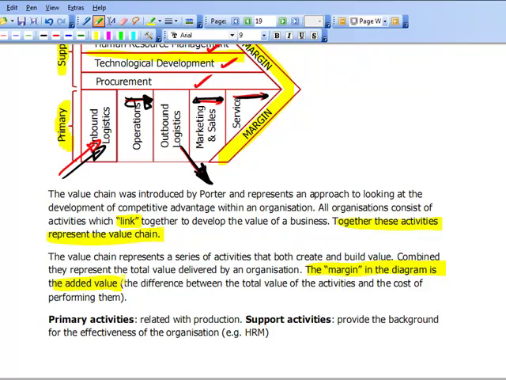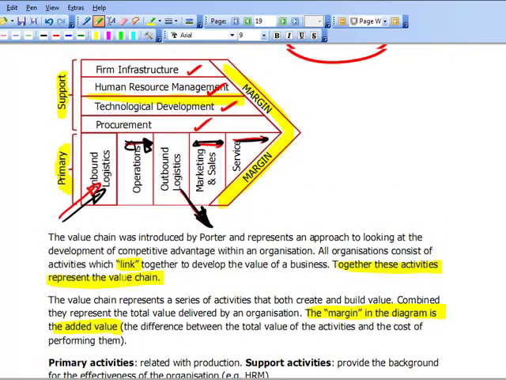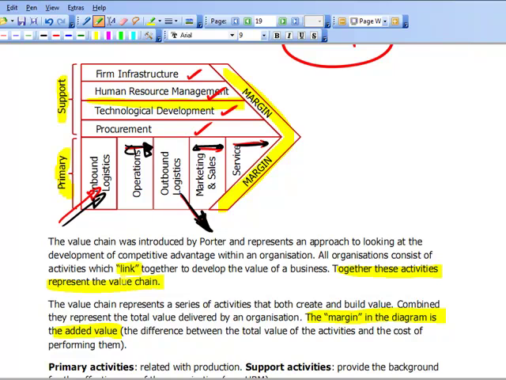That was a very quick overview of Porter's value chain, which gives a bird's eye view of an organization. How do companies use this in practice? To fully understand how their business operates and to make sure that the various links are speaking to each other and working together.